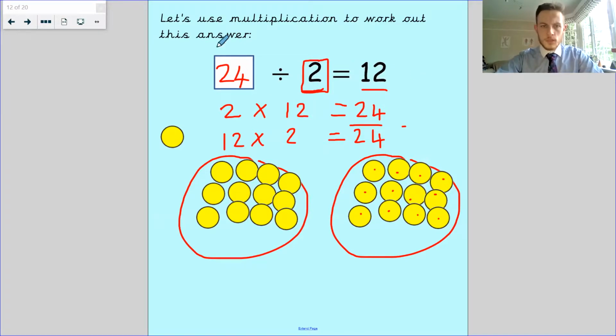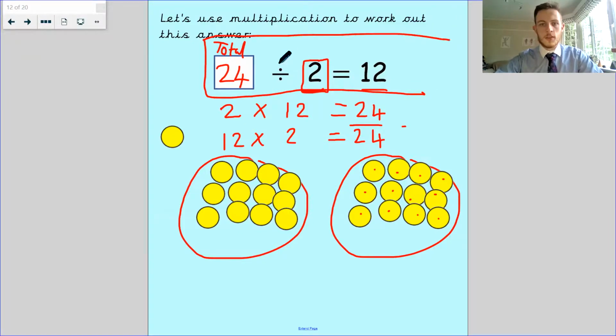So remember, this one is always your total for the division. So we're only talking about division at the minute. This one is always your total. This one is always the number of groups.